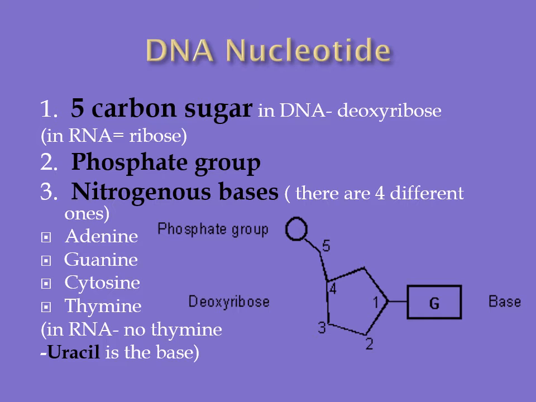And there are 4 different ones, and we usually give them just a 1-letter name, like A, T, C, and G. But their names are adenine, that would be A, guanine, which will be G, cytosine, which will be C, and thymine, which will be T.